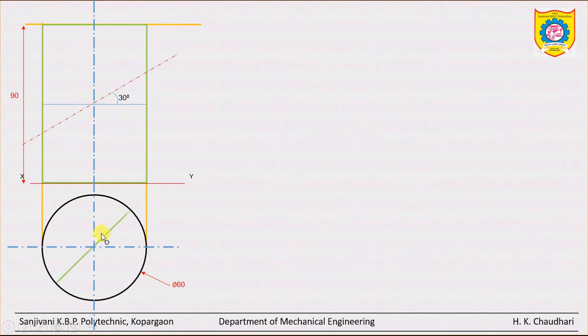Now divide this circle into 8 equal parts. Name the parts as 1, 2, 3, 4, 5, 6, 7 and 8.